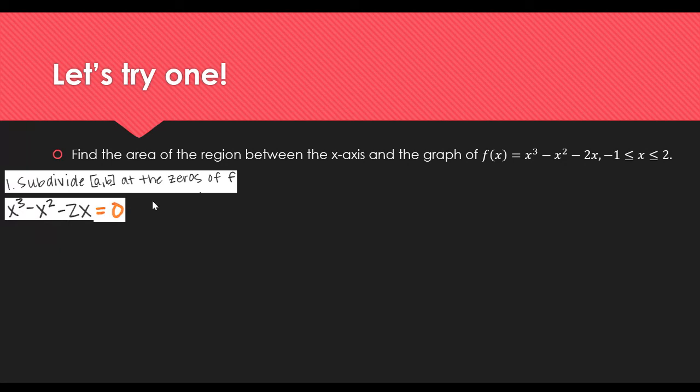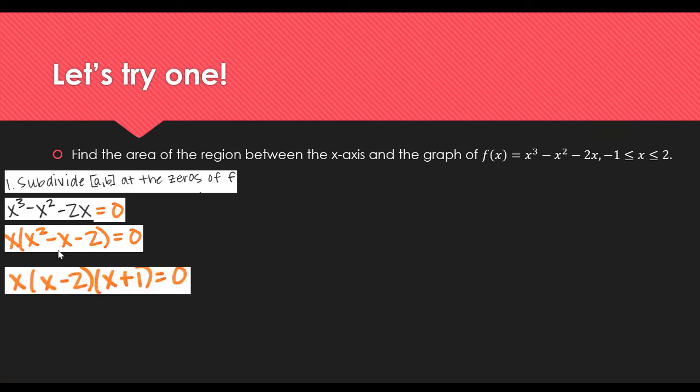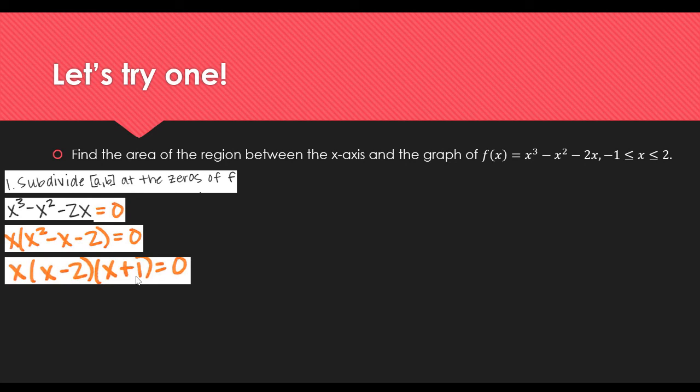If we can solve this by factoring, that's the best way to subdivide. So if I can factor that, I see they all have an x in common. So I take out x, and then I have x squared minus x minus 2. If I can factor that, even better. Factors of -2 that make -1 are -2 and +1.